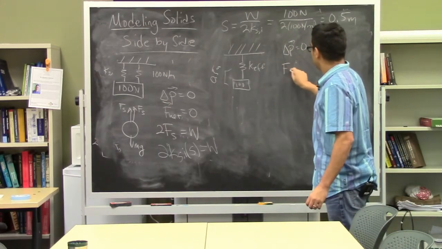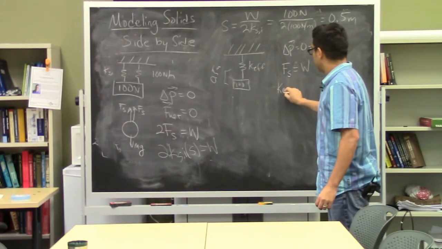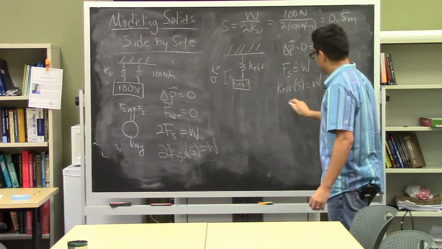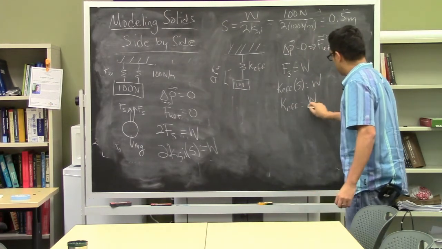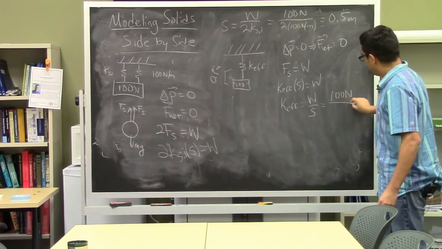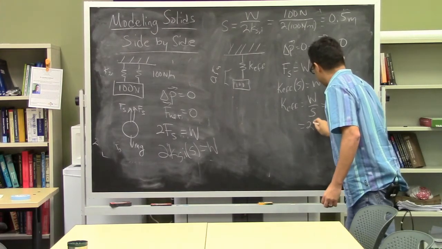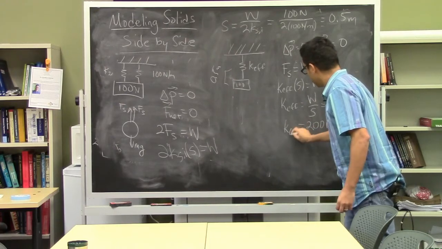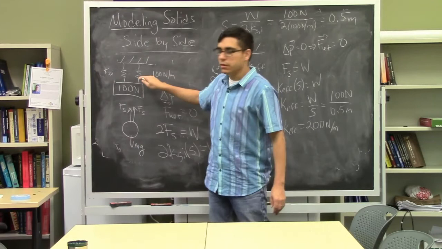So the spring force is equal to the weight force, meaning that the effective spring stiffness times the stretch is equal to the weight, so that the effective spring stiffness is the weight divided by the stretch, which is 100 newtons divided by 0.5 meters, which gives you a spring stiffness of 200 newtons per meter, the effective one.